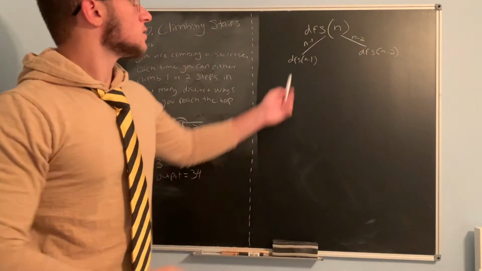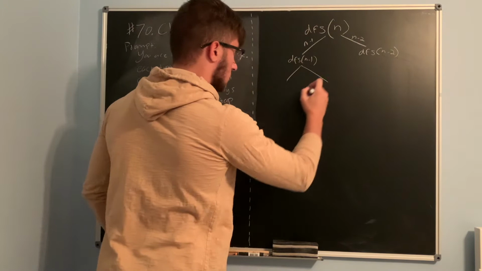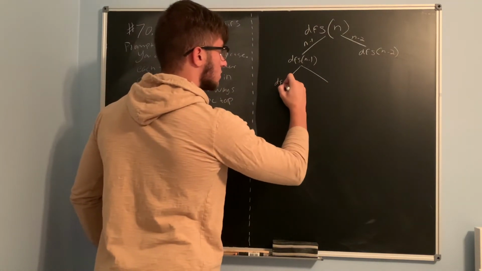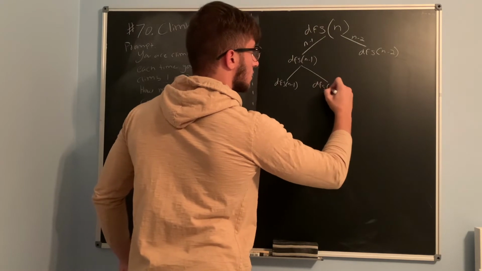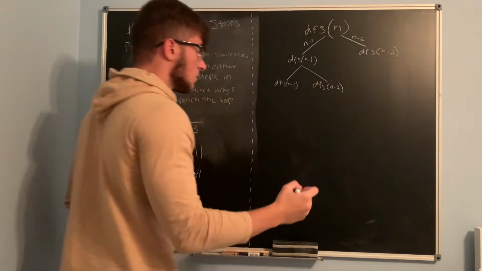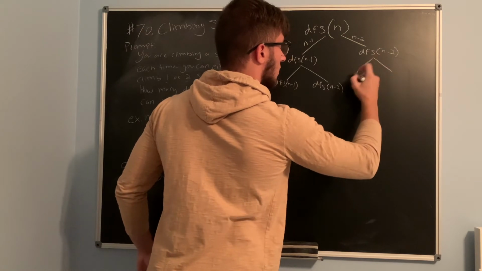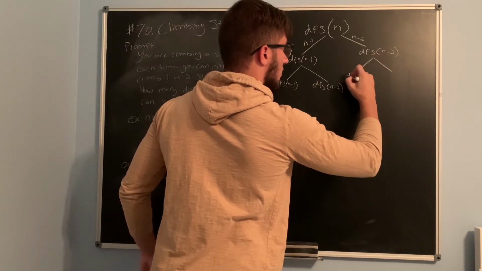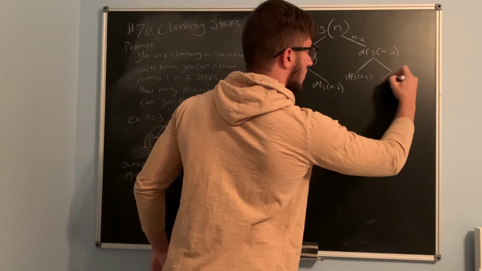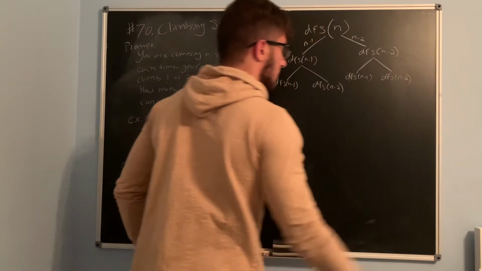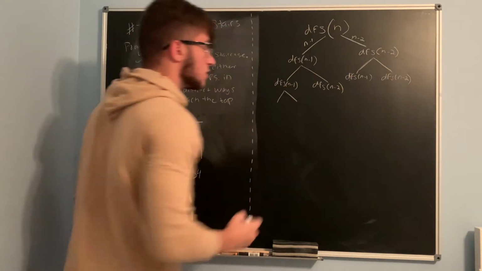And then for each of these children, we also run the recursive calls of DFS of n minus 1 and DFS of n minus 2. And same thing for this child. And we keep doing this pattern until we reach our base case.